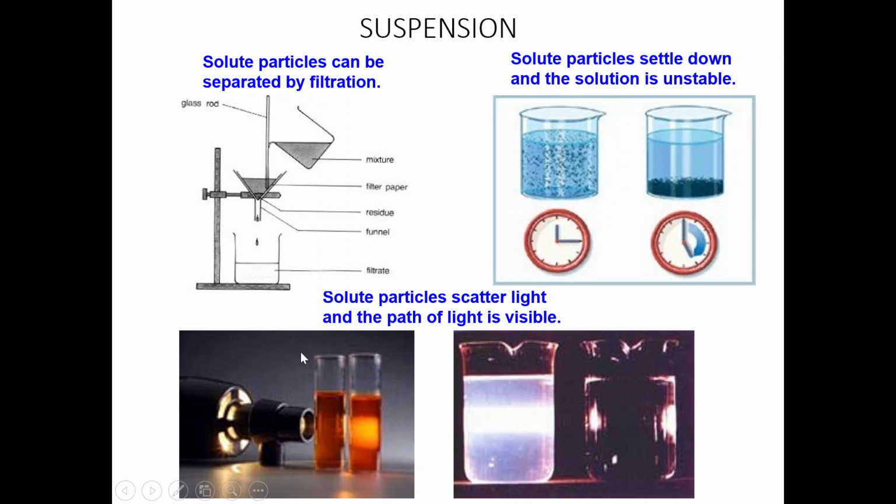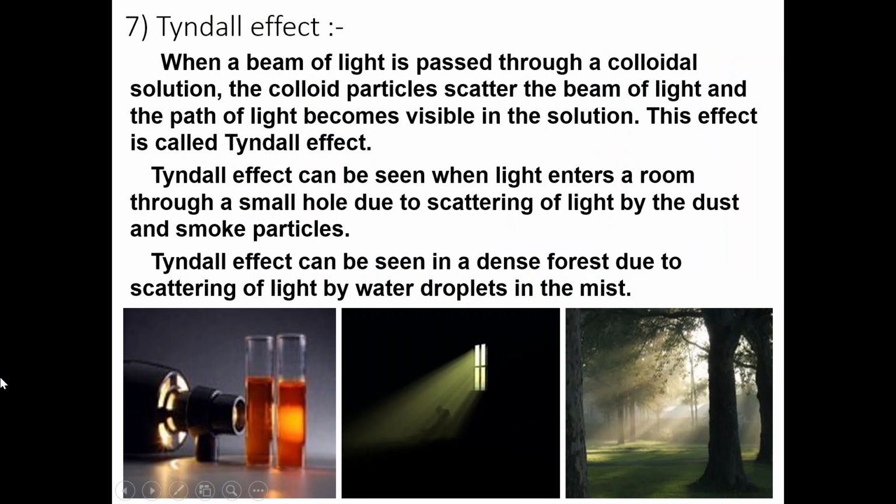As I have already said, the solid particles scatter light and the path of light is visible. If we pass some light through this suspension, we can see the path of light. This is a simple illustration of how the scattering of light takes place.